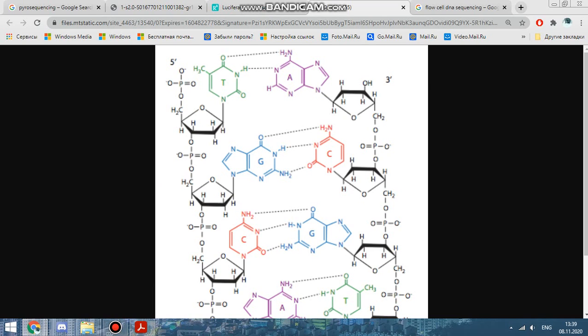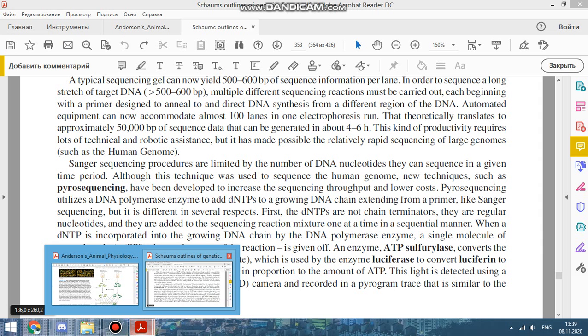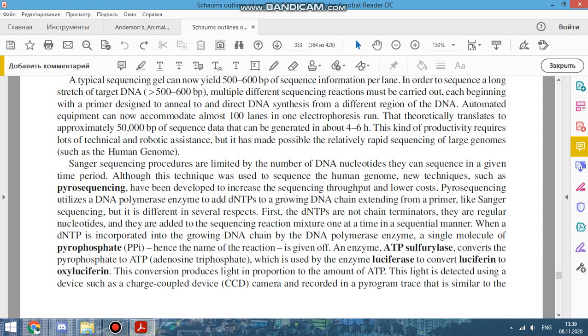But when the connection between the phosphate group and sugar is created, 2 phosphates are left from this structure, and we're going to have 2 phosphate groups connected together, which is called inorganic pyrophosphate.